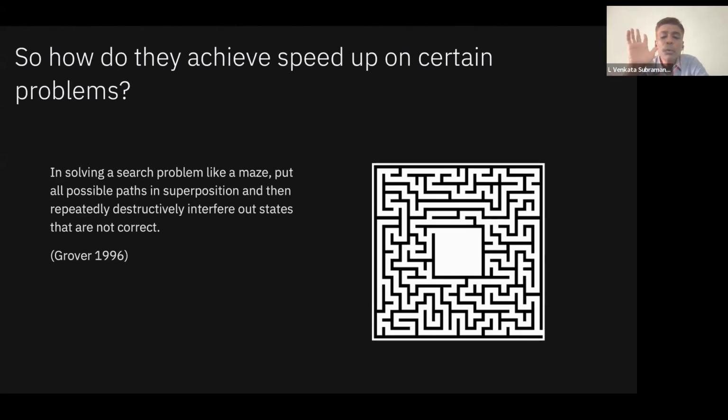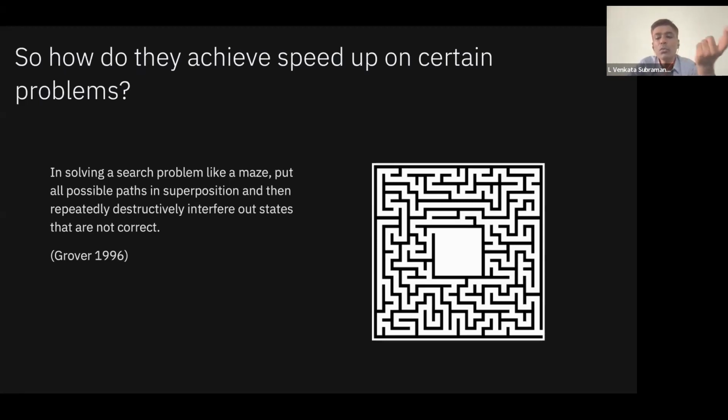On a quantum computer, you put the qubits into states where all the possible paths are captured by these superposition states. Path 1, path 2, path 3, path 4, path n, all the paths. You put these qubits into superposition states, and you destructively remove the paths which are not correct.